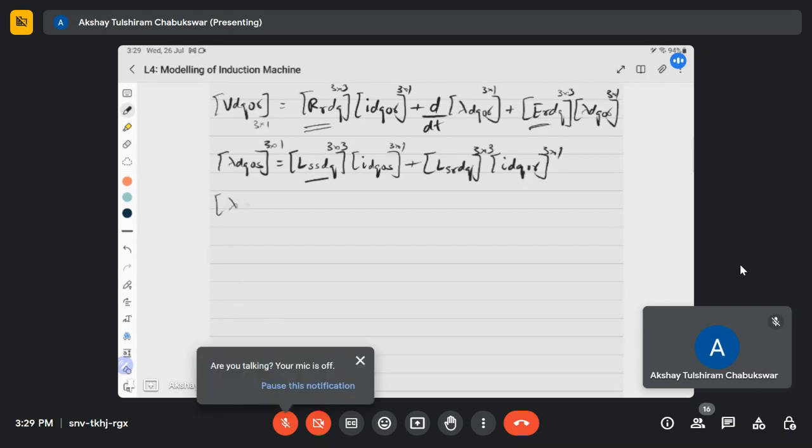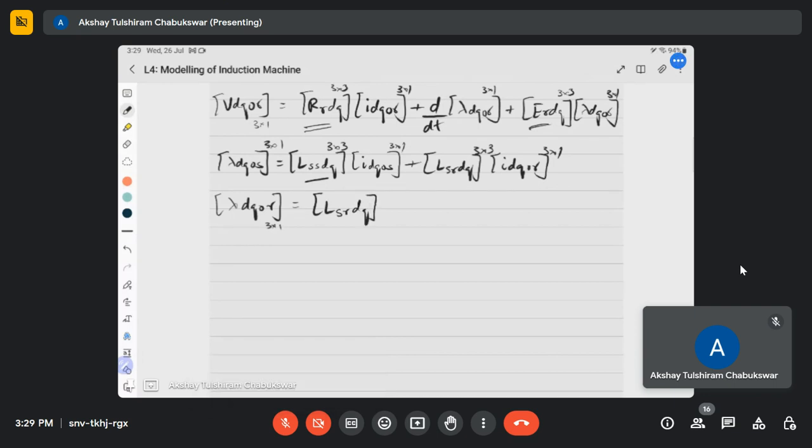And the last equation is lambda dq0r, which is 3 cross 1, equals Lrs dq, which is 3 cross 3, into I dq0s, 3 cross 1, plus Lrr dq, which is 3 cross 3, into I dq0r, which is 3 cross 1.